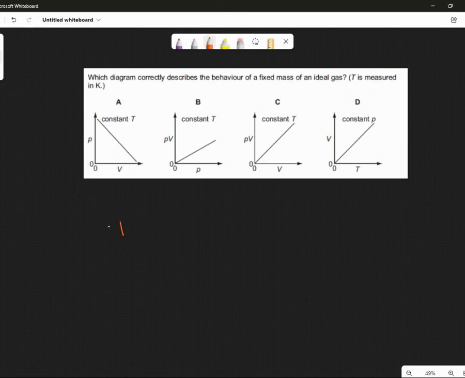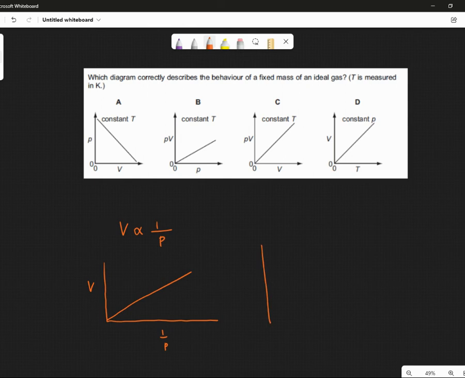Right. The volume is proportional to 1 over pressure. So if we plotted volume against 1 over pressure, we would get a straight line graph. But that's not what the graph says.